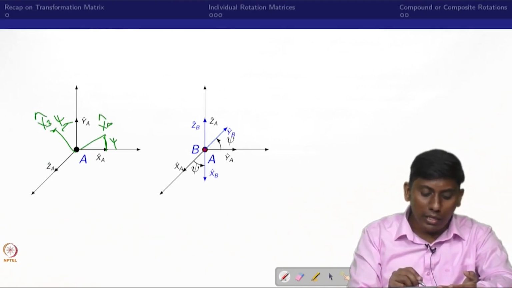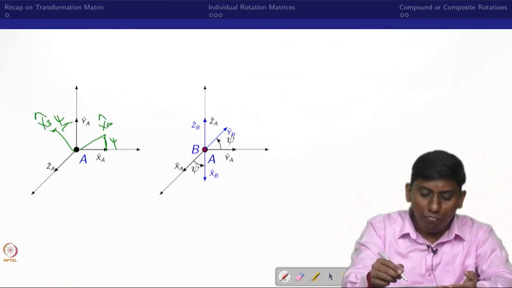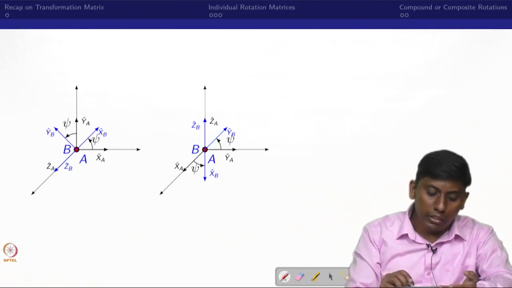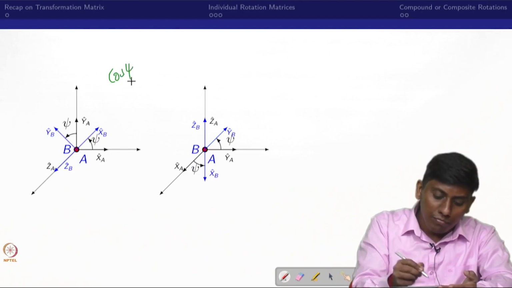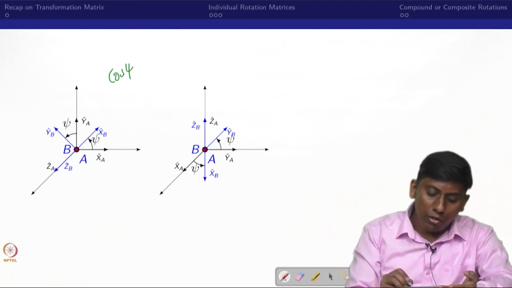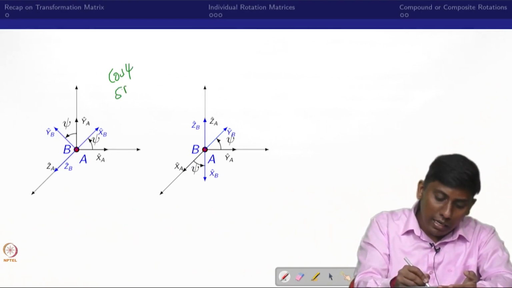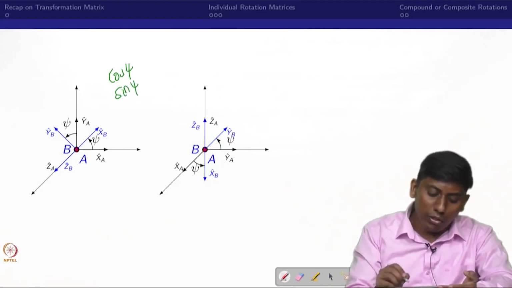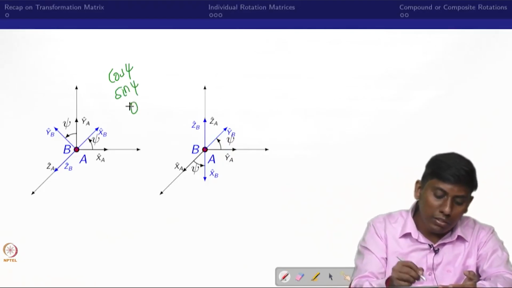Now we project XB cap to frame A. If we project XB cap on XA, that would be cos phi, XB cap projected on Y would be sin phi, and XB cap projected on ZA would be 0.